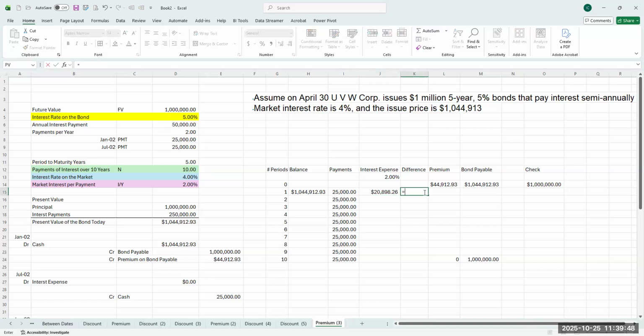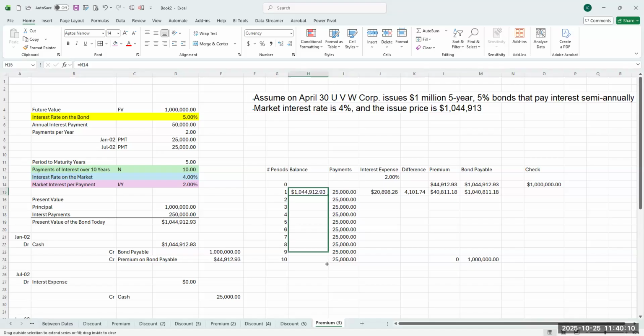So the difference here will be the payment minus the interest expense. That difference is going to start reducing the premium to bring it down to 0 and reducing the bonds payable balance down to 1 million as well.